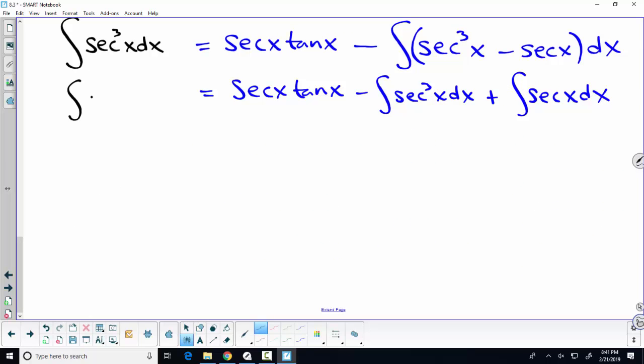Right. Okay, so again, add the integral of secant cubed to both sides.